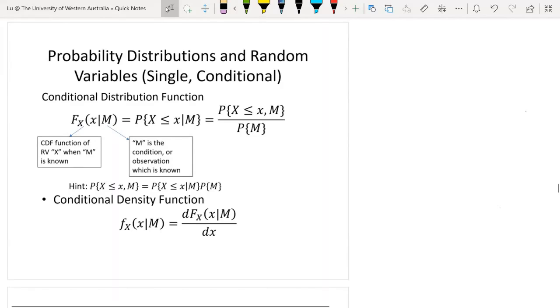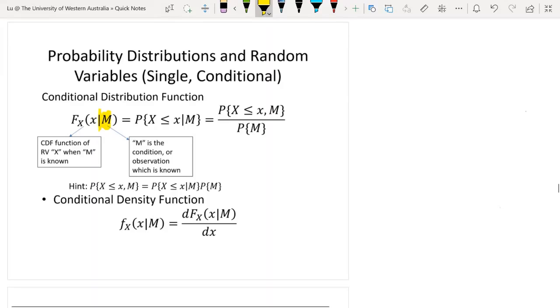This conditional distribution function is very similar to the cumulative distribution function. They have the same notation, capital F, and the parameter is lower case x, which remains the same as well. The only difference in the conditional distribution function is the vertical bar and this letter M. This vertical bar means conditioned on or subject to, and this M is some observation or condition you have already known.